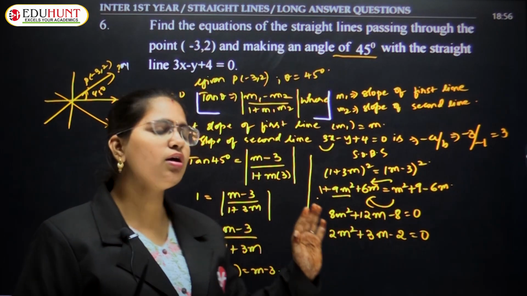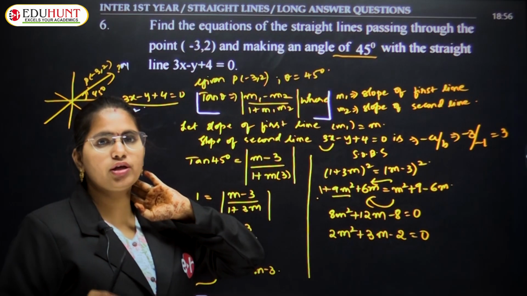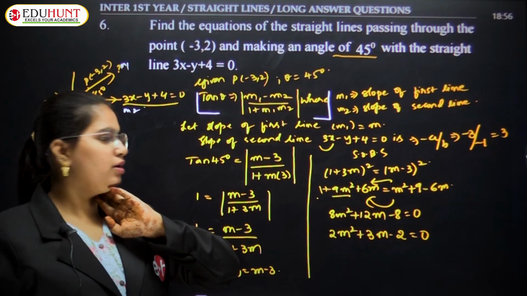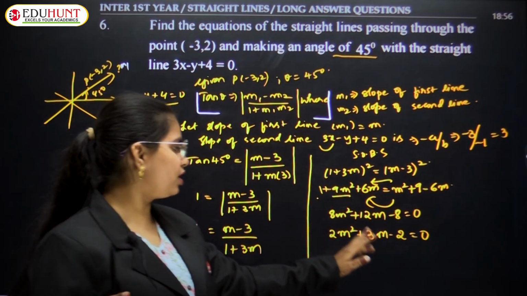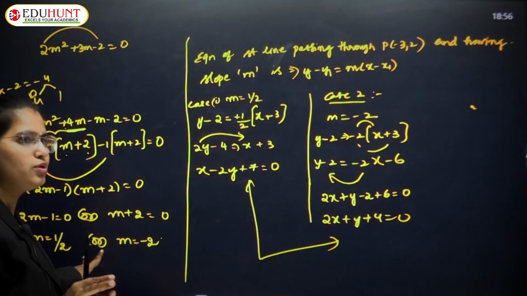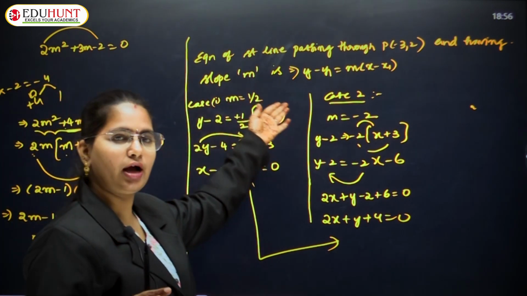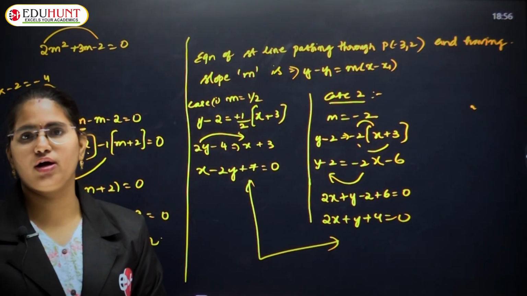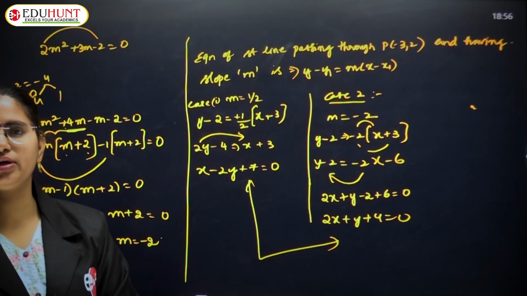We know the formula modulus of m1 minus m2 by 1 plus m1 m2. So here we need to find out the possible values of m, right? So I just calculated the possible values of m. We got a quadratic equation. After that what I have done, I substituted two possible values of m so that we'll get two cases. By using slope point form, I got two straight lines equations. So this is a very important long answer question from straight lines. Okay, so that we'll be moving forward to the next question.